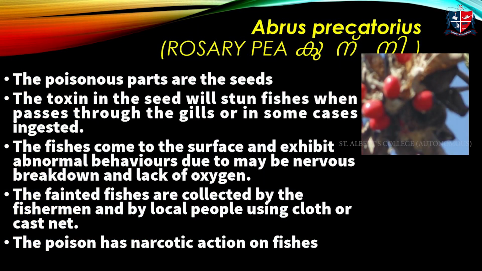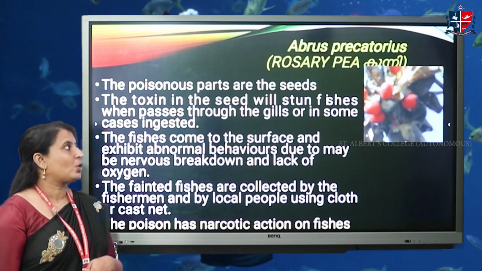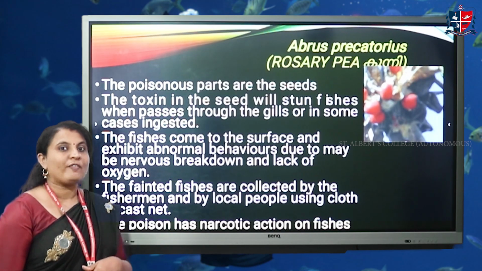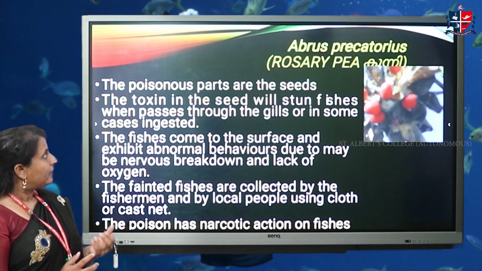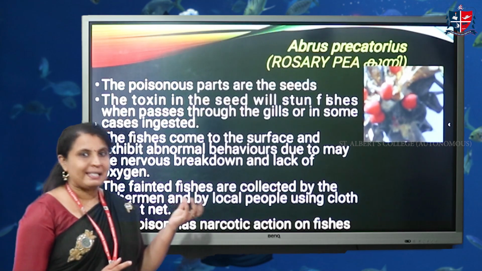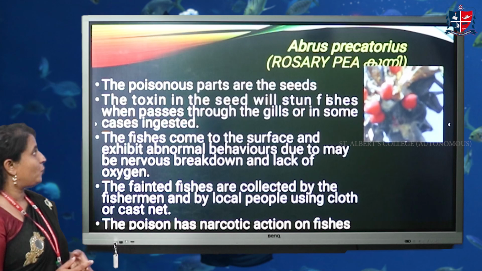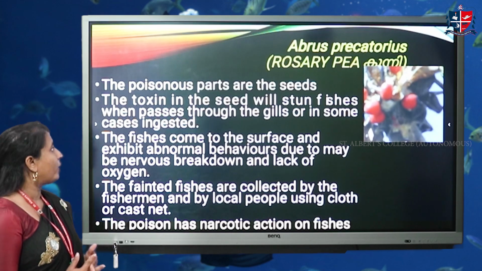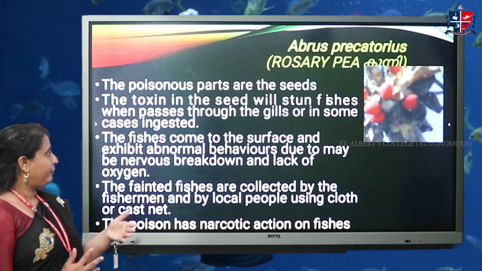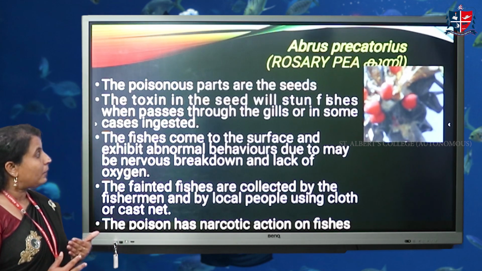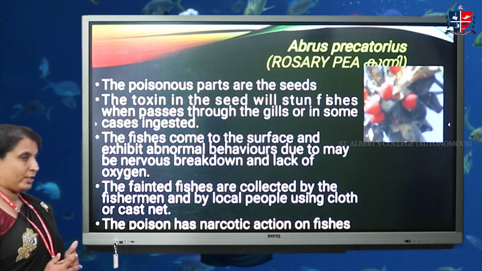The next is Abrus precatorius, otherwise known as the rosary pea, or kunnikuru as we say in Malayalam. The poisonous parts are the seeds. The toxin in the seed will stun the fishes when passed through the gills or in some cases ingested. The fishes come to the surface and exhibit abnormal behaviors due to nervous breakdown and lack of oxygen.